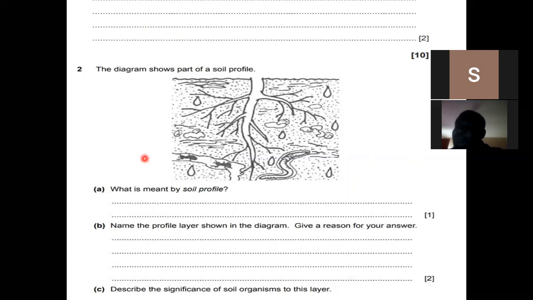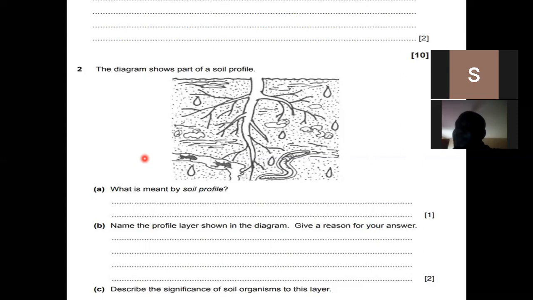Question B, name the profile layer shown in the diagram. Give a reason for your answer. This question is clearly asking to see whether you know the characteristics of soil layers. Do you know the characteristics of topsoil? Do you know the characteristics of subsoil? Do you know the characteristics of weathered material and the bedrock?